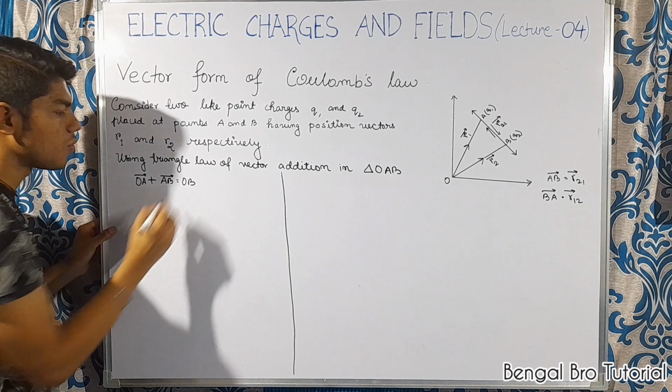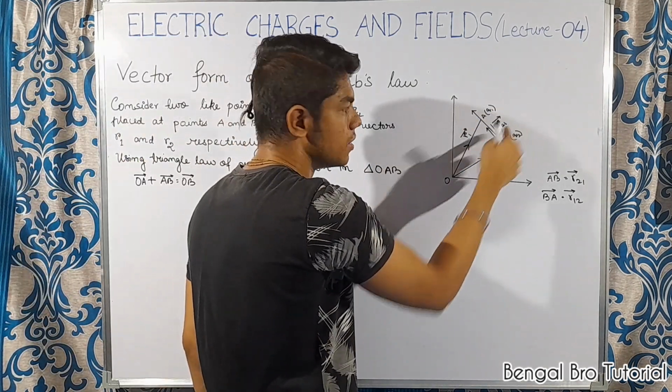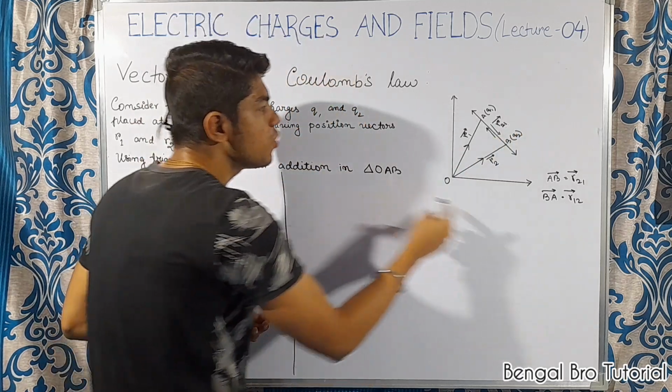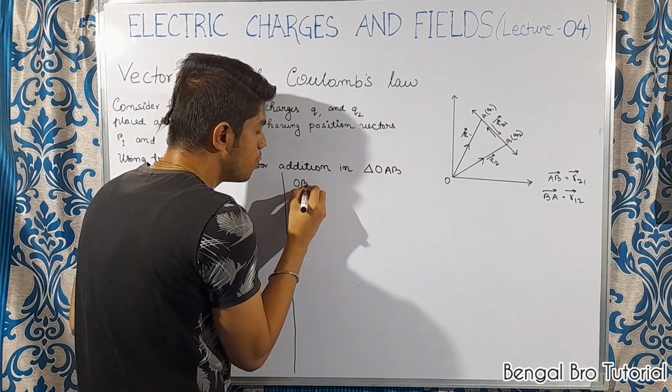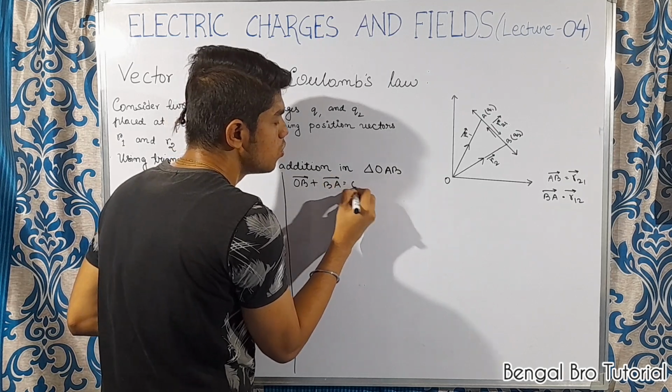If we go in the clockwise direction, OA plus AB equals OB. Or if we go in the anti-clockwise direction, then we can write OB plus BA is equal to OA.